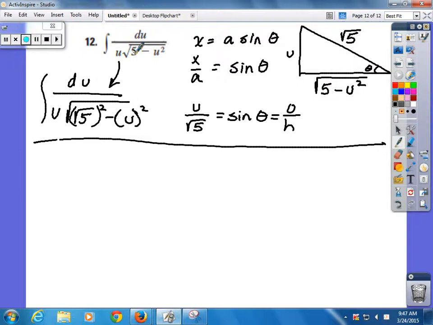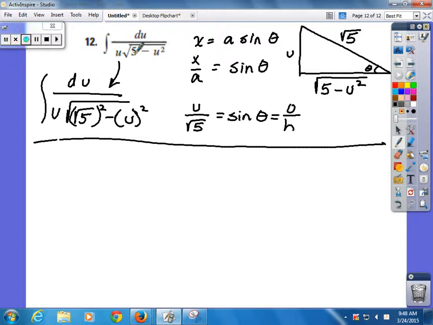Since we got our x and A, that goes right there. And we know from trig it's the opposite over the hypotenuse. Pretty simple.